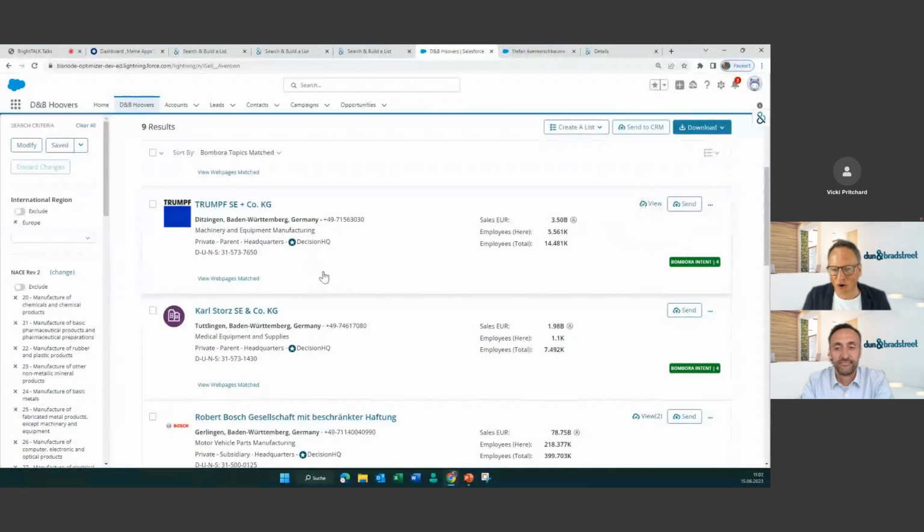So it's already deduped by the identification number, the Data Universal Numbering System that we call the DUNS number. This is a unique number identifying not only each company, but also each location of each company.